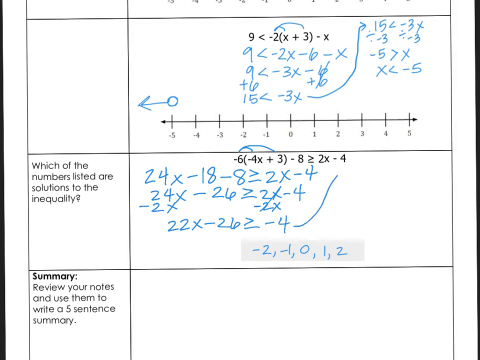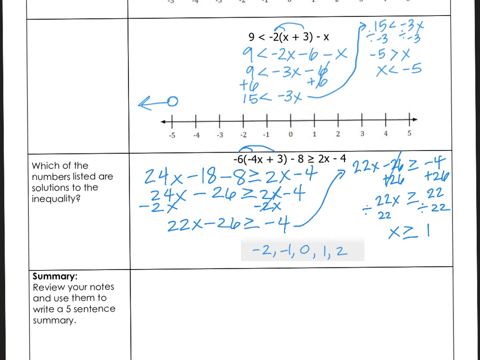I'm going to rewrite this over here in order to give myself a little bit more room. Okay, now we can add 26 on both sides. And when we do that, we get 22x is greater than or equal to 22. So now we need to divide by 22. And when we do that, we get x is greater than or equal to 1.